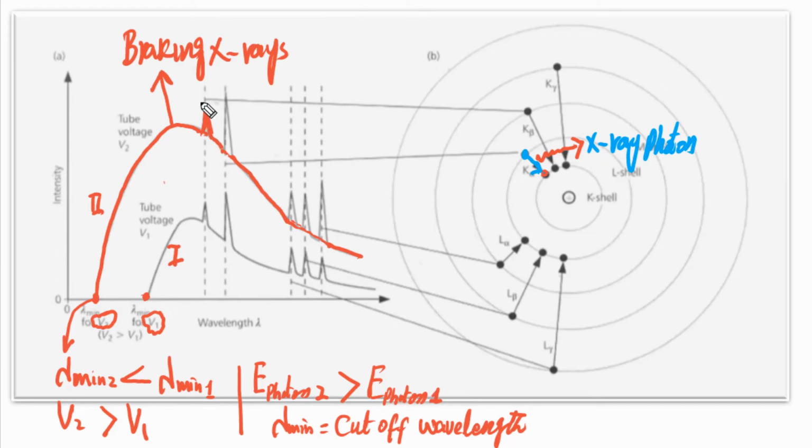That's the reason we see these spikes. And these spikes represent characteristic X-rays. So it's important to understand how characteristic X-rays are produced.